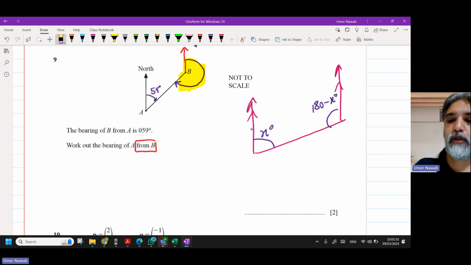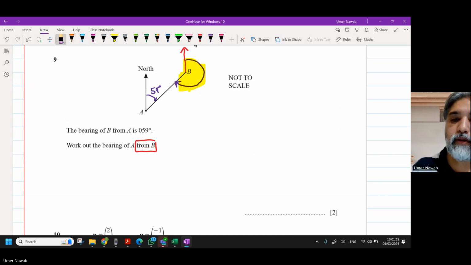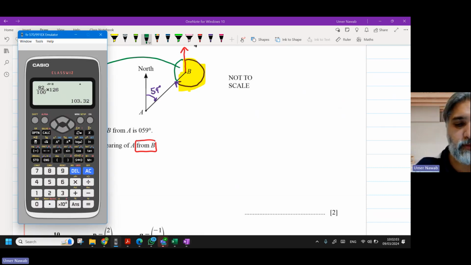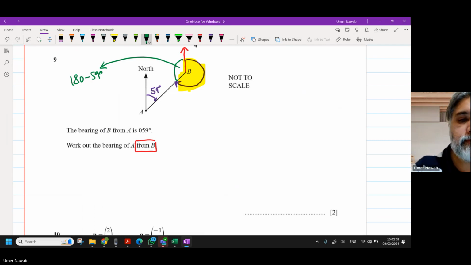So I can easily find this angle. How? 180 minus 59. Now 180 minus 59 gives me 121. So this is 121.